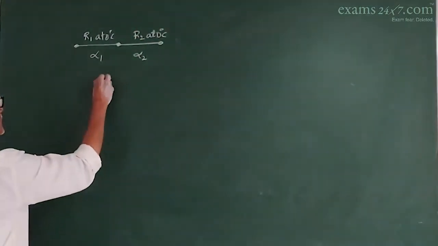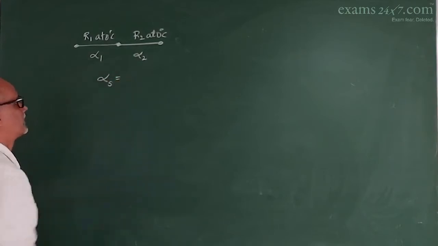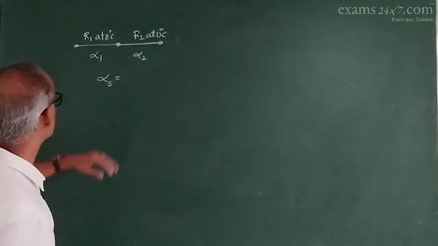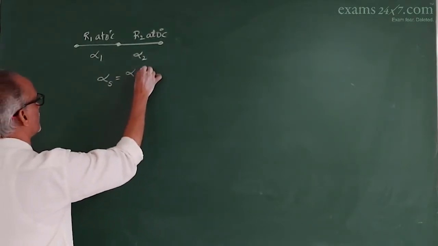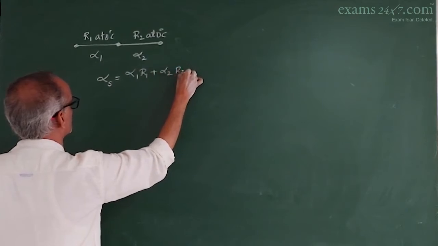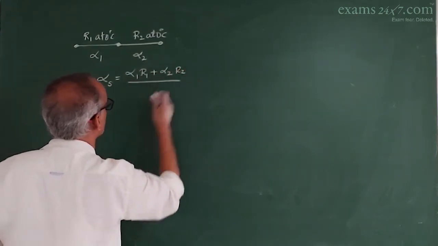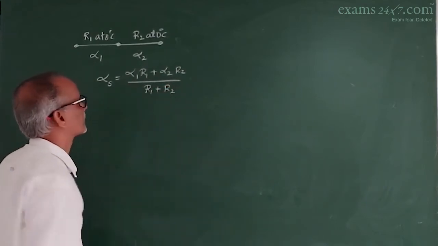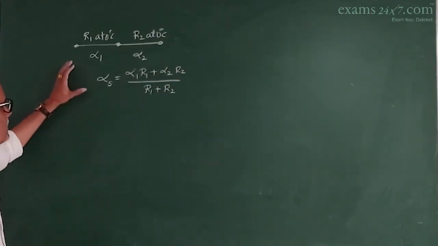Then the effective value of alpha, that is, the effective temperature coefficient of resistance in series combination, is given by alpha 1 R1 plus alpha 2 R2 by R1 plus R2. That is the effective value.